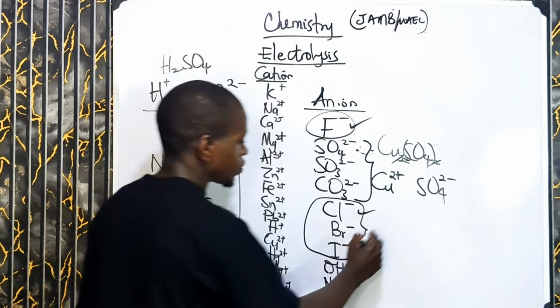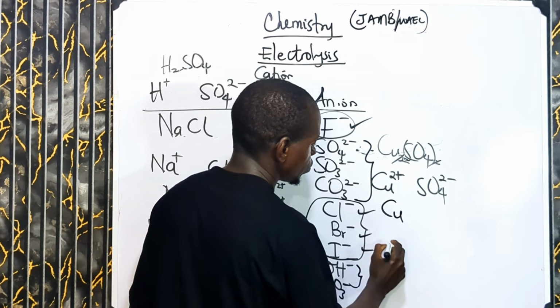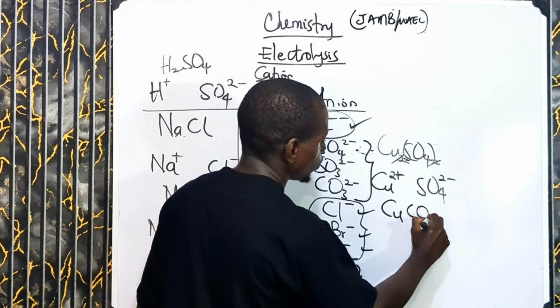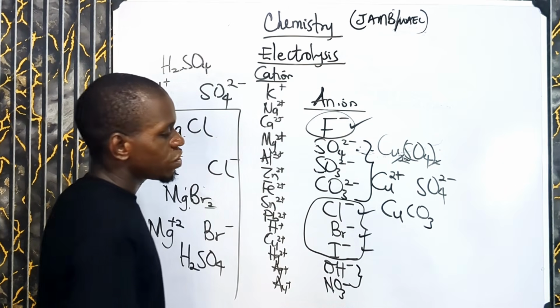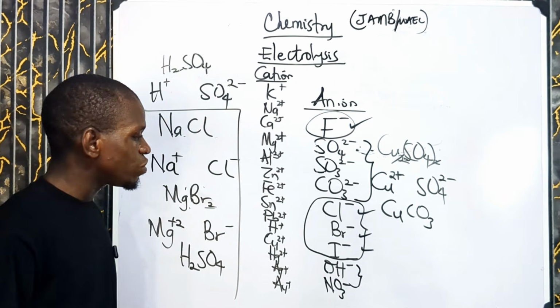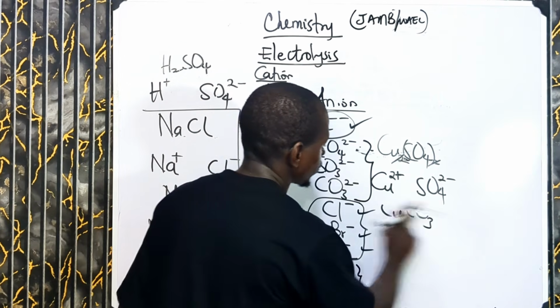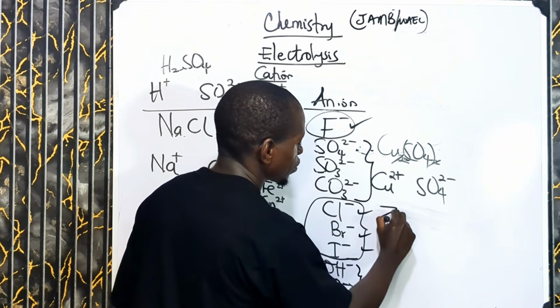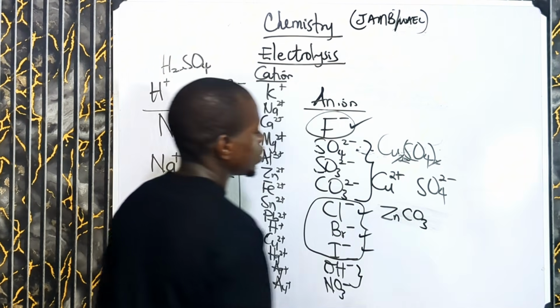NO3. Okay, let's just say I have something like CuCO3. Or let's give another example because I've made use of this C a lot. Now let me use another example. Let's say I have something like ZnCO3.